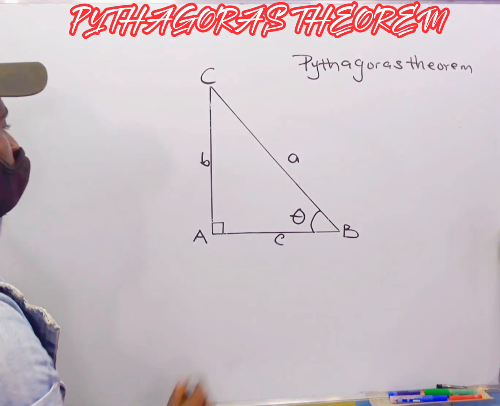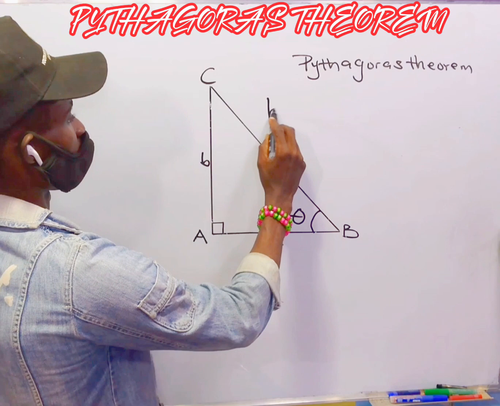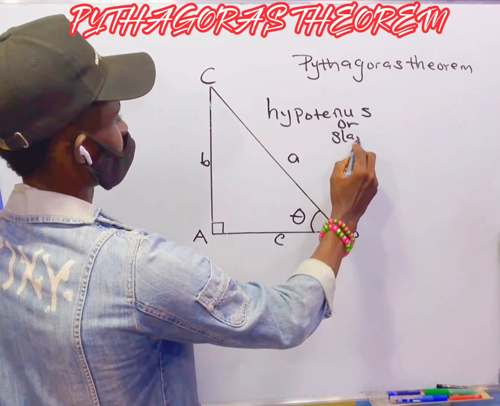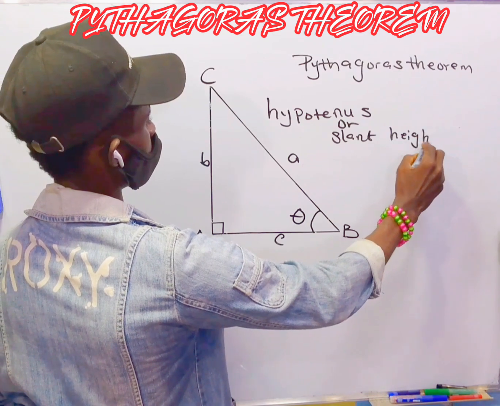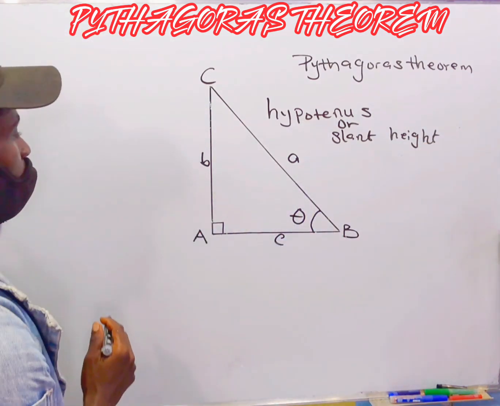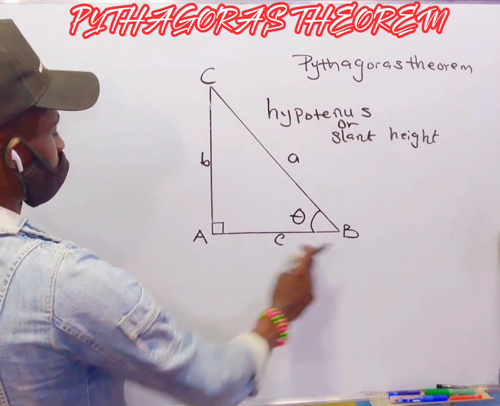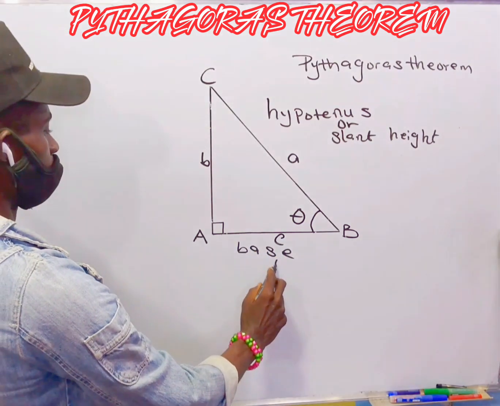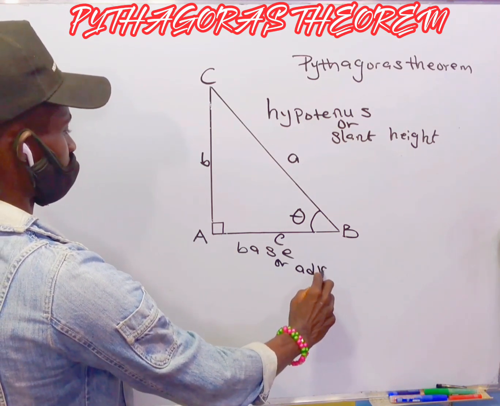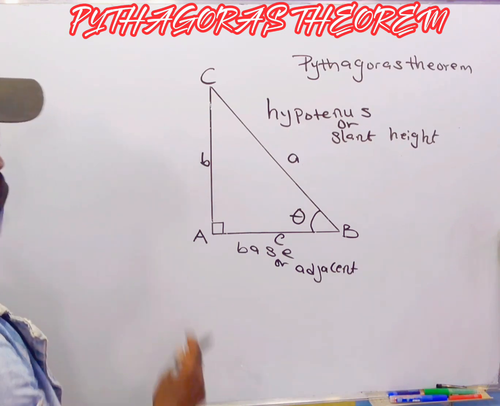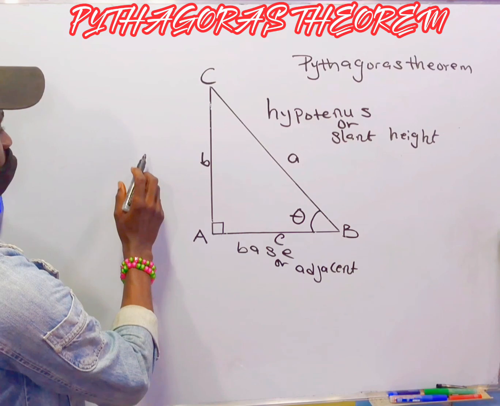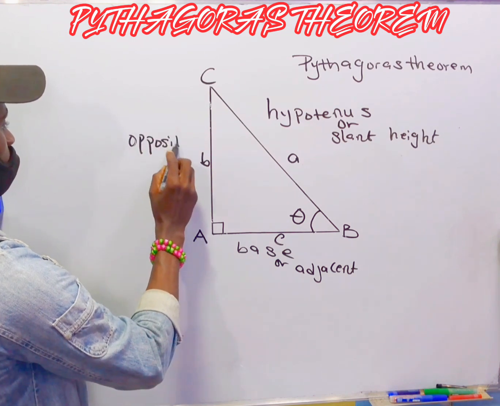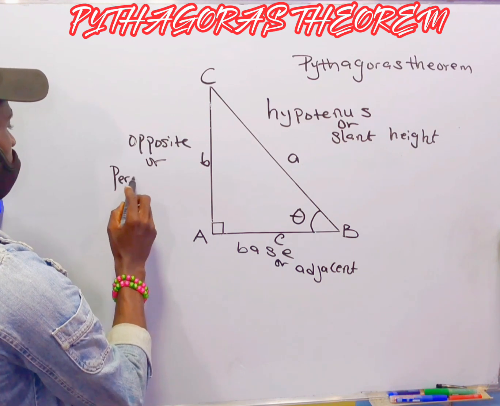Using Pythagoras theorem, the longest side is known as the hypotenuse or slant height, which is represented by A, and the down part is known as the base or adjacent, and the side opposite the hypotenuse is referred to as the opposite, or we call it perpendicular height.